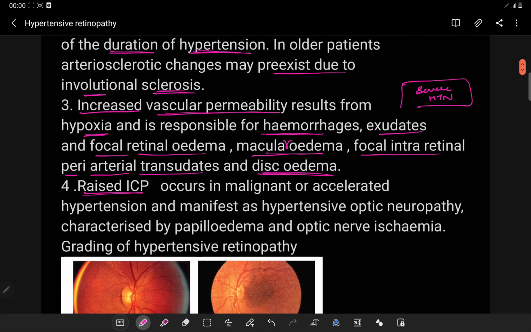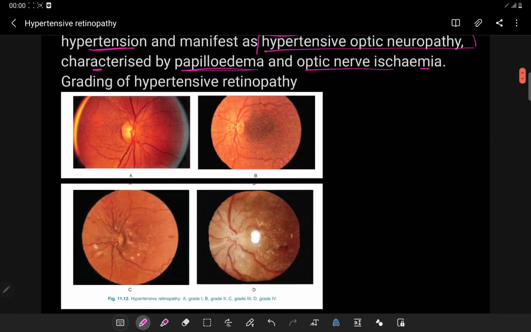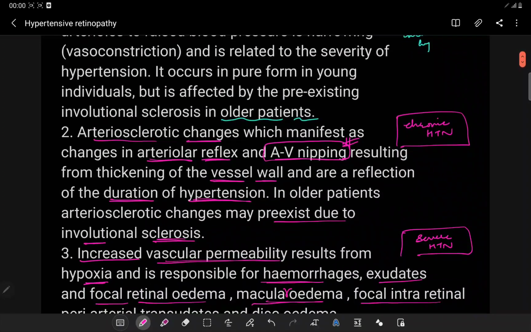Next, we have the raised ICP, that is the intracranial pressure. Raised intracranial pressure occurs in malignant or accelerated hypertension and manifests as hypertensive optic neuropathy, characterized by papilledema and optic nerve ischemia. Next, these are the various grading of hypertensive retinopathy. So first you have to understand four important things.